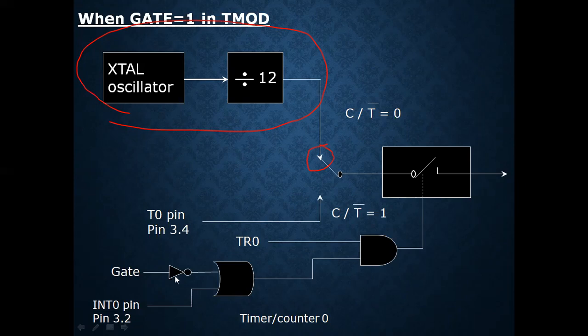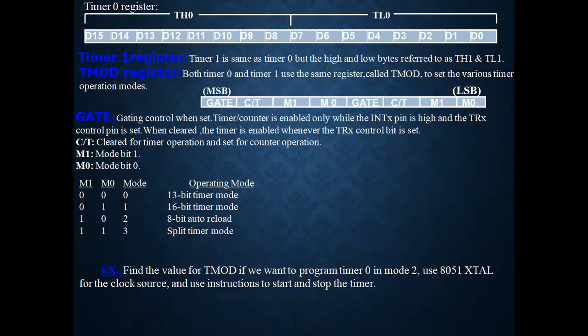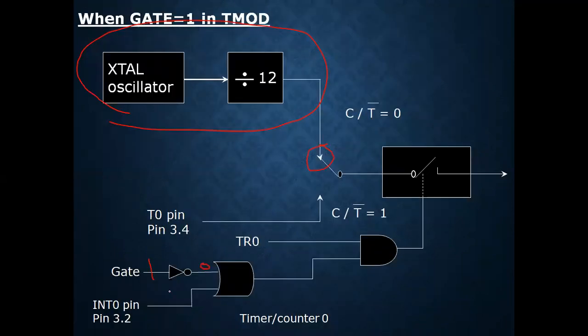So when this pin is 1, suppose this pin is 1, so output of this will be 0. Only when this INT pin is high, while the INTX pin is high, clear? So when this pin is high, that means this input will be 1.